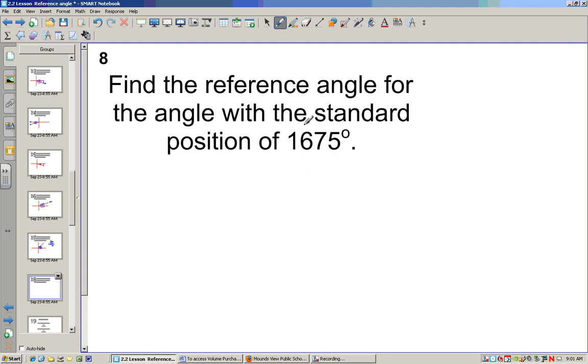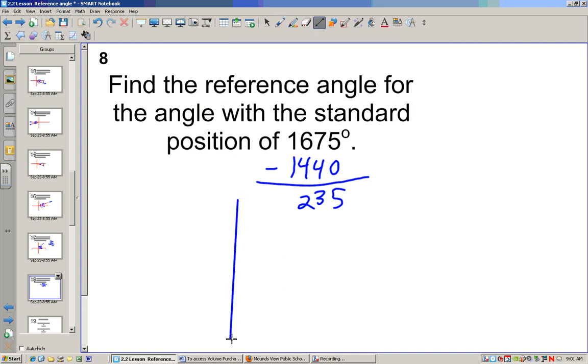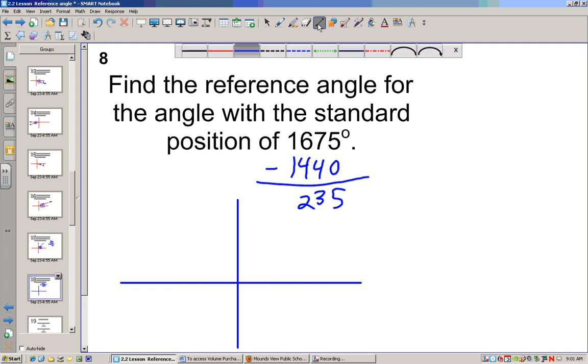1675. So we know 1080 is 3 times around. If we go 4 times around, that's going to be 360 plus 1080, which is 1440. Subtract that out. We have 235. Now, some people are tempted to put 235 as their answer for this, but that's not correct because the reference angle isn't the coterminal angle.